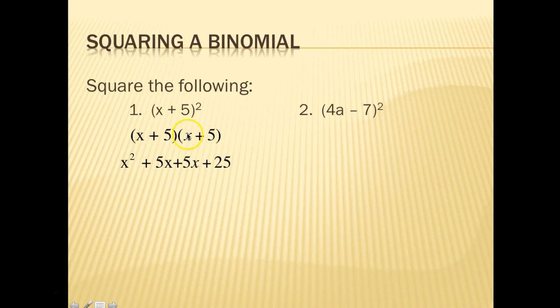So x times x, x squared, x times 5, 5x, 5 times x, 5x, 5 times 5, 25, and remember to combine like terms, and we have this quadratic.